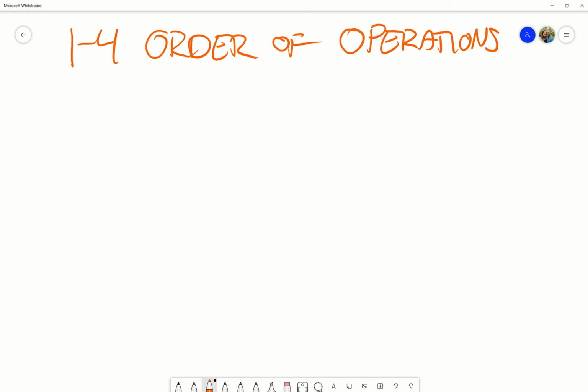So we have a couple of vocabulary words today. One of them is order of operations, which is just the order in which you solve a math problem. And the other one is a numerical expression.